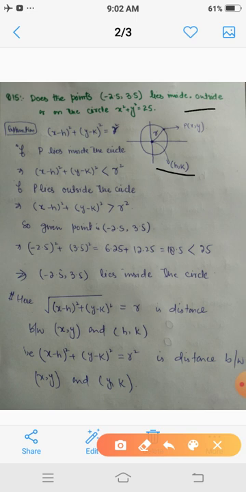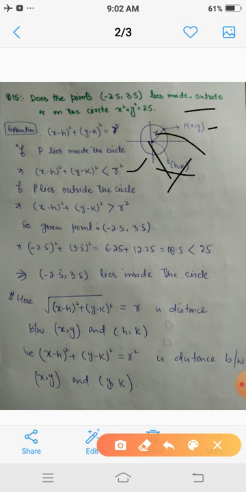Now the distance between this center and this point is r, which implies that if P lies inside the circle, this (x − h)² + (y − k)² is less than r².